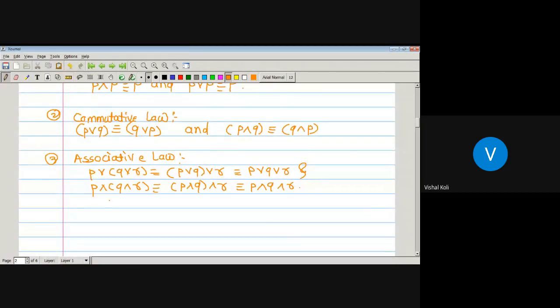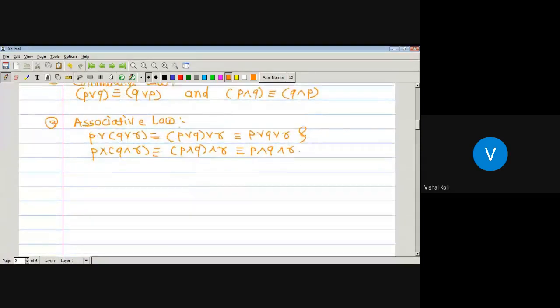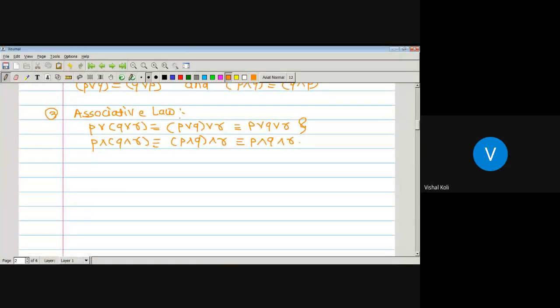If P, Q, and R hold these conditions, then the corresponding statements hold the associative law.